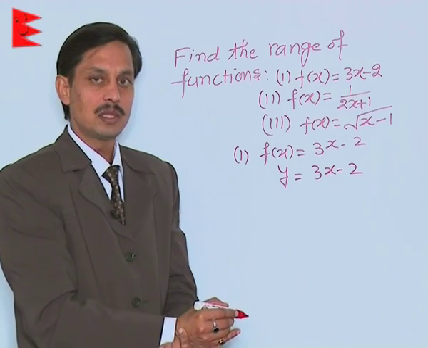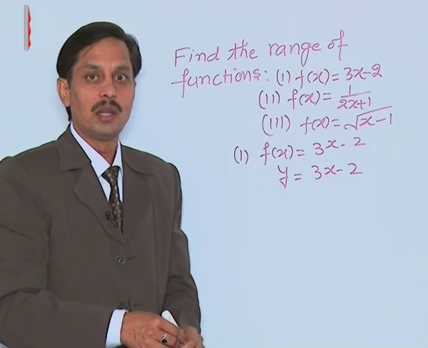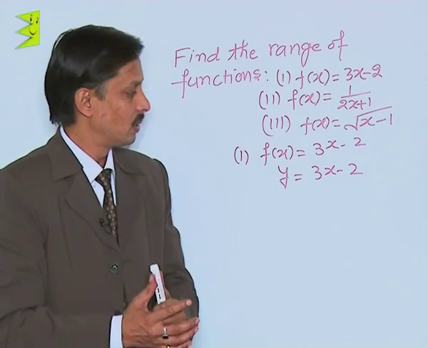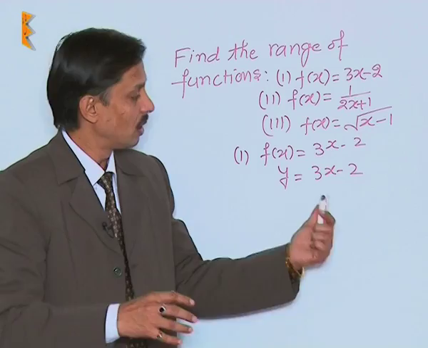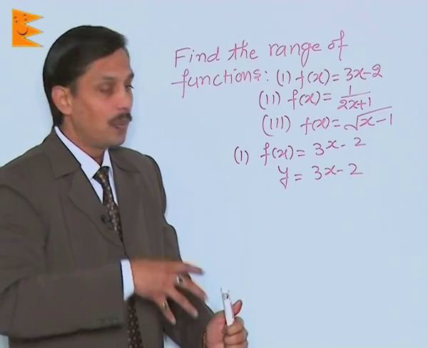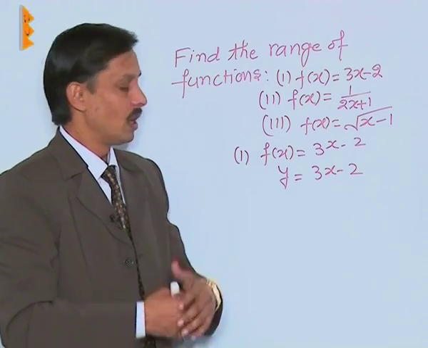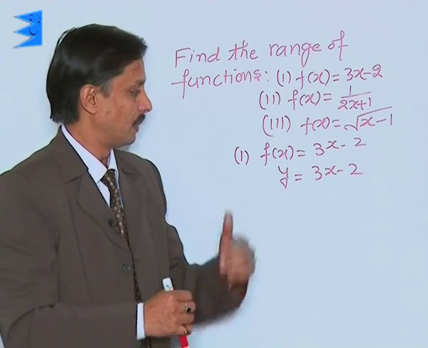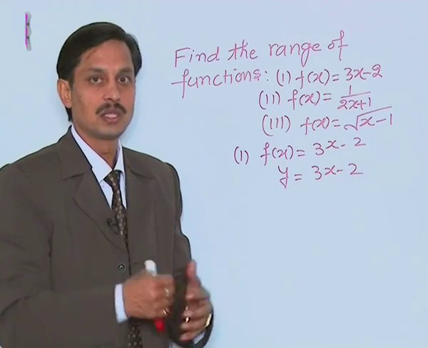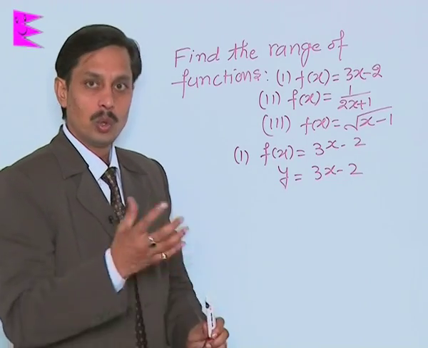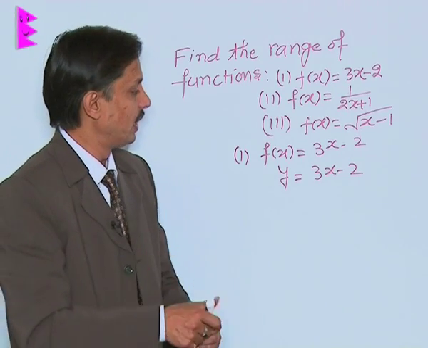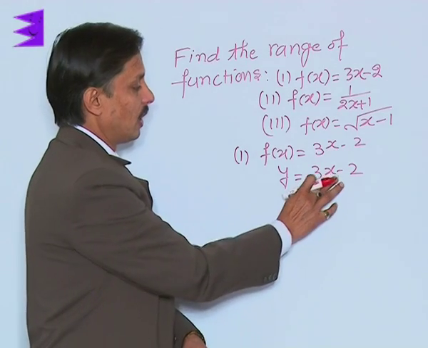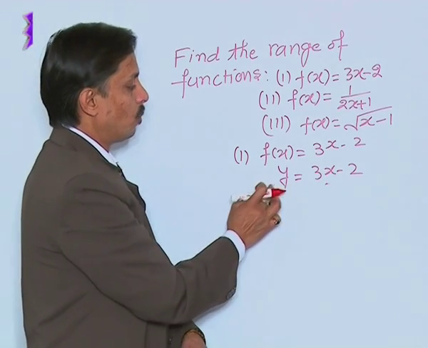Obtaining the domain means that we are trying to find all values of x for which the function remains real. If we are finding the range, we are finding the set of all such values of y for which the function remains real. To find the range, first of all, we keep this 3x here and this minus 2 will be transferred here.